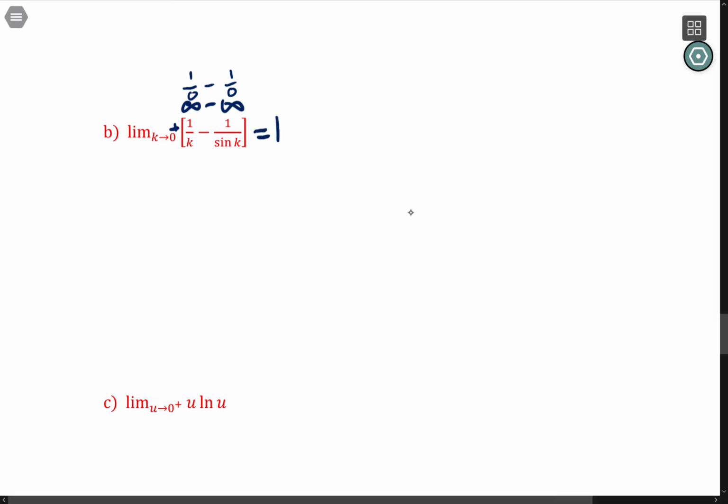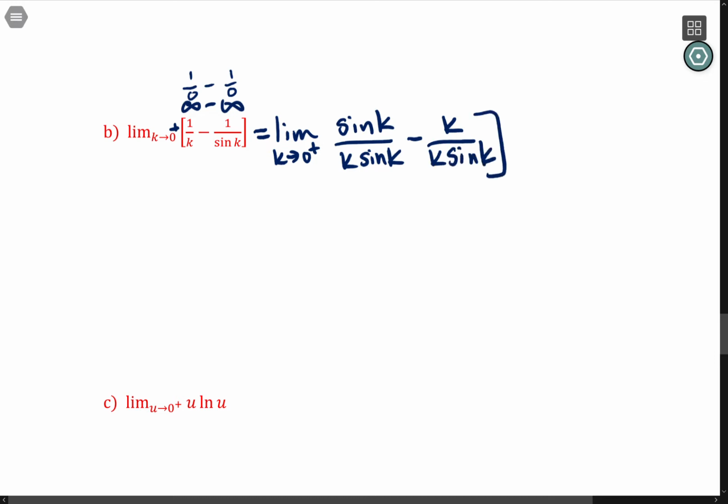So what I want to do is multiply the first fraction by sine k over sine k, and multiply the second fraction by k over k. And there's my common denominator, and when I mush this all together, I'm going to get sine k minus k over k sine k.